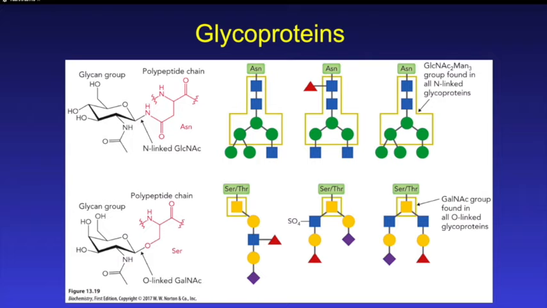But here's what's really highly variable, is that this sugar and this sugar can be attached in several different ways. Remember, there's 6 carbons in a glucose and 6 carbons in a glucose. We can have 1 to 1, 1 to 2, 1 to 3, 1 to 4, 1 to 5, 2 to 1, 2 to 2, 2 to 4, 3 to 1, 3 to 2, 3 to 4. And then all of those can be 1 to 1 alpha, 1 to 1 beta, 1 to 2 alpha, 1 to 2 beta.